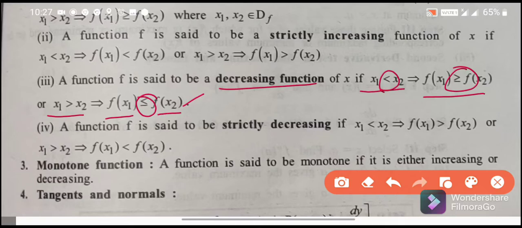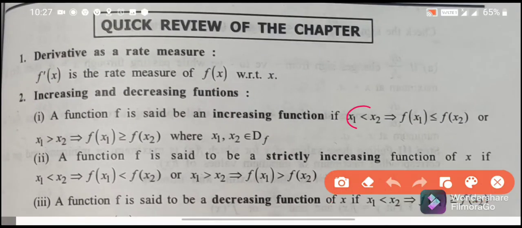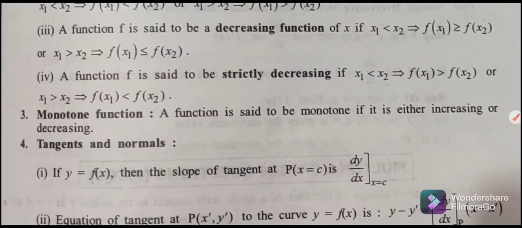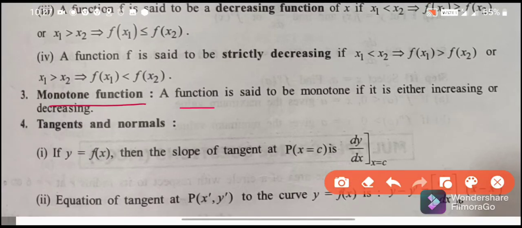Then again it is called a decreasing function when the sign of inequality changes. And in an increasing function, the sign of inequality remains the same. Next, monotone function. A function is said to be monotone if it is either increasing or decreasing.